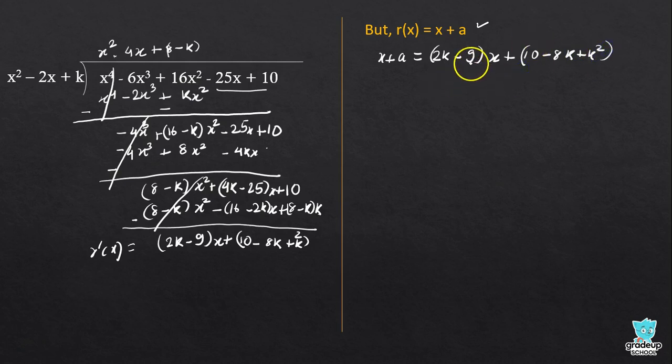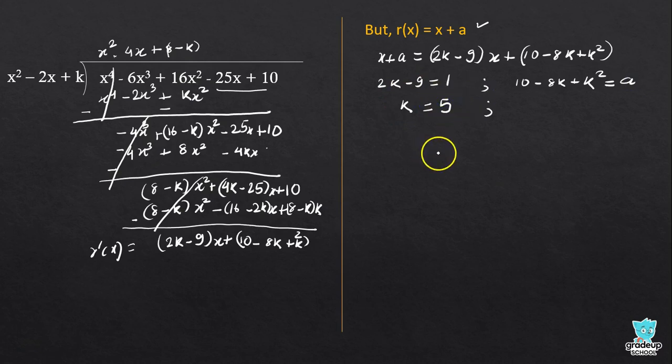Now we can compare the coefficients of these two expressions. We get 2k - 9 equal to 1 and 10 - 8k + k^2 equal to a. From here we get the value of k equal to 5, and when we put the value of k here, we'll find the value of a. So 10 - 8 times 5 + 5^2 is equal to a. So we get the value of a equal to -5.